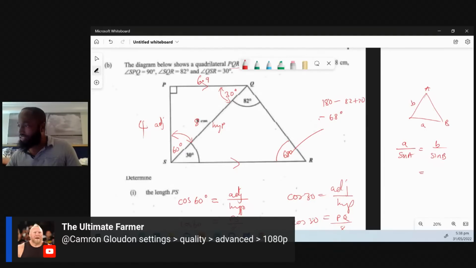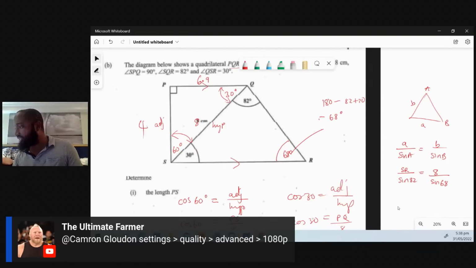So in my case, A is what we're trying to find. So SR over the sine of 82, you all following me? Is equal to 8 over the sine of 68. You can look up the topic bearings, we'll have videos on it.